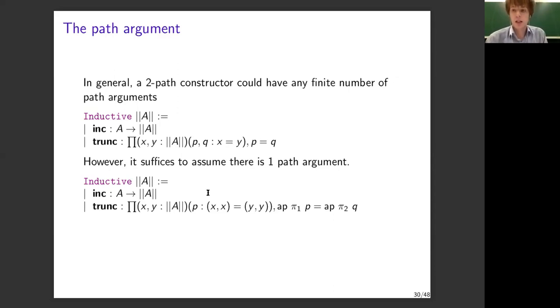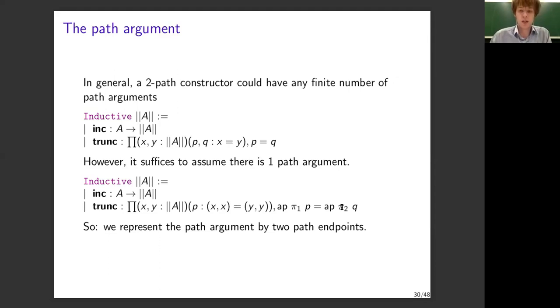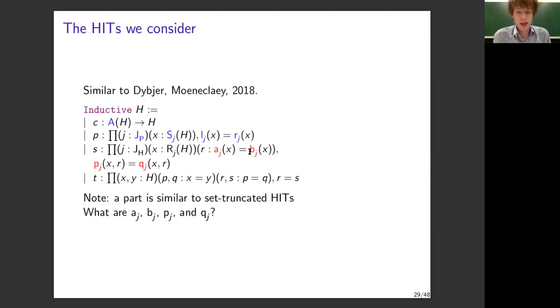To obtain the desired left and right hand side, you need to modify them a bit by taking the first and second projection of the path. For this reason, we shall represent the path argument by two path endpoints, where we allow the target of these path endpoints to be an arbitrary polynomial. So these were AJ and BJ.